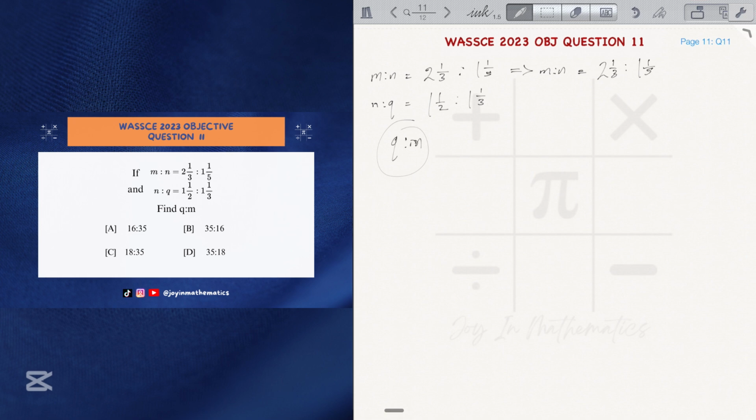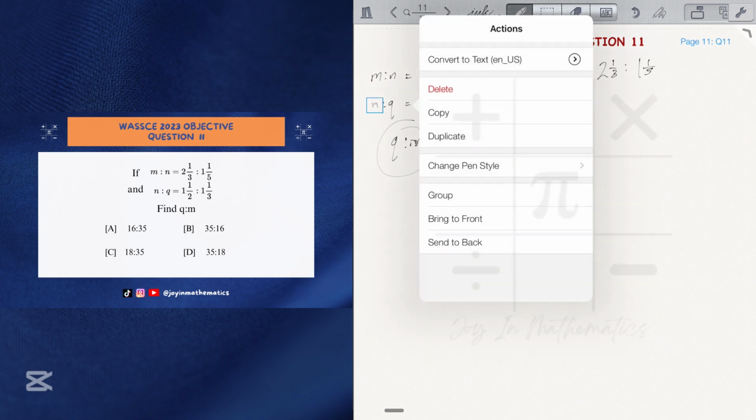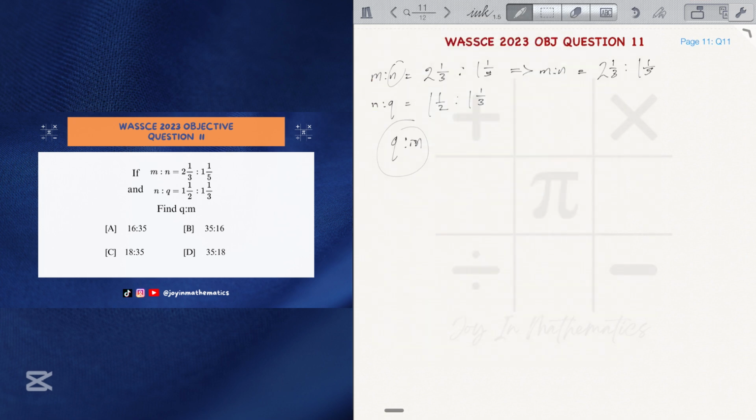Now we can see the common factor between these two, n and n. So with that, we can also write n ratio q as 1 1/2 ratio 1 1/3.